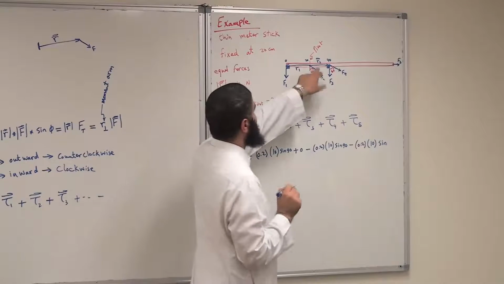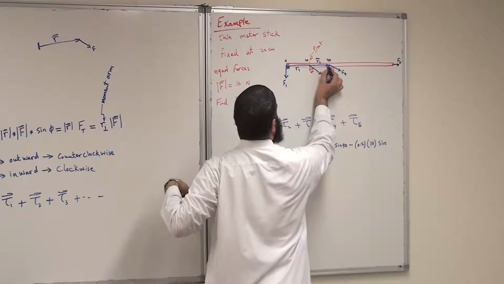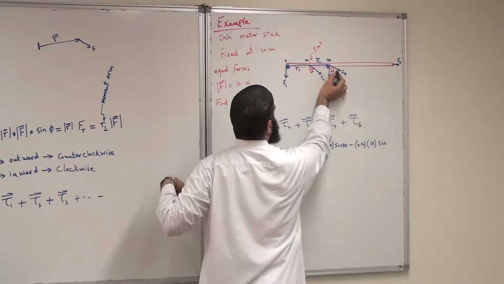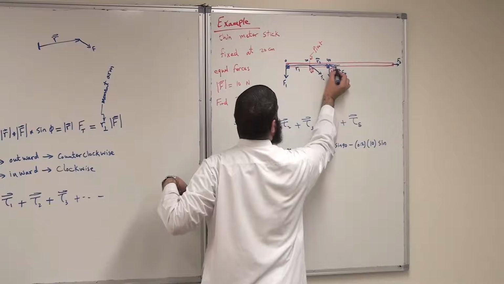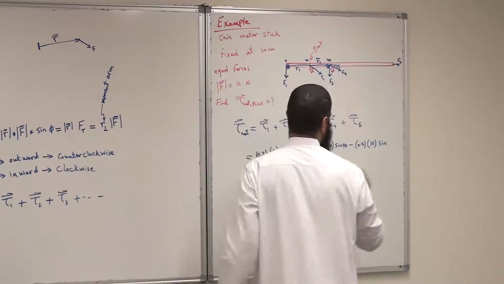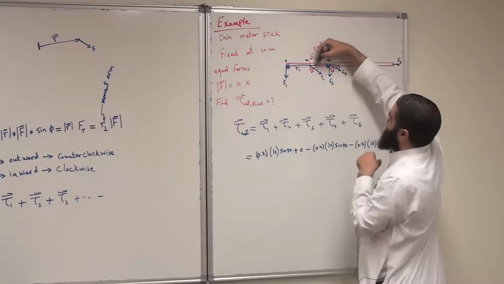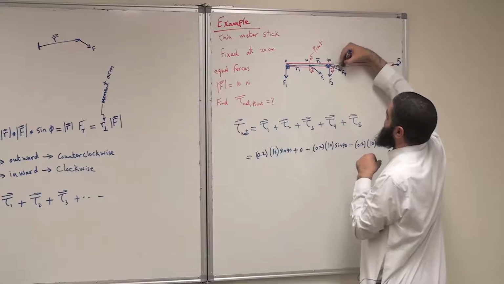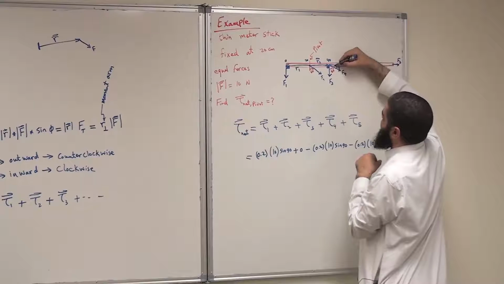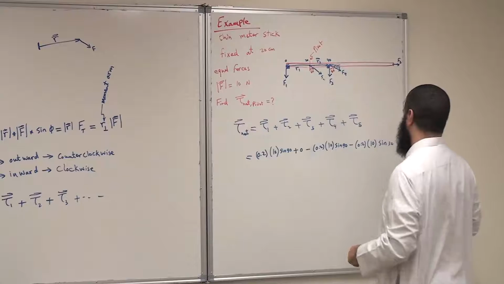R4 is the same as R3, so it will be 0.2. And this is F4. So what is the angle? The angle is this one. This is 60, so this will be 30. So it will be sine 30, and the angle between R and F4 is 30.